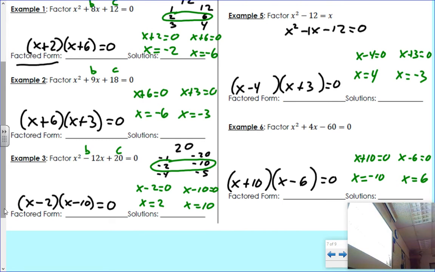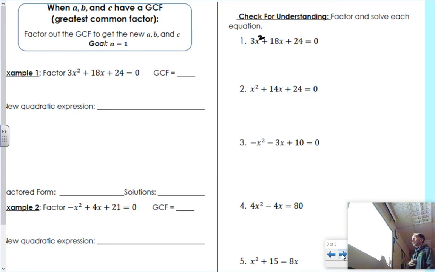Okay. So the last couple examples I'm going to do are going to have an a value. But these are going to be kind of special a values. Sometimes you might see something, and it's important that we recognize this when it happens. If you have an a value, the first thing to look at is, can you just take it out? Can you factor it out as a GCF, greatest common factor?